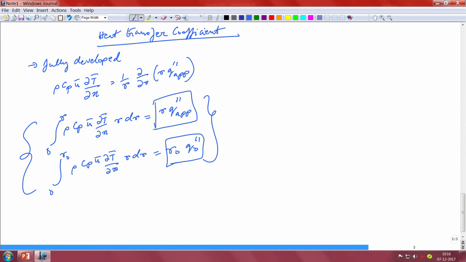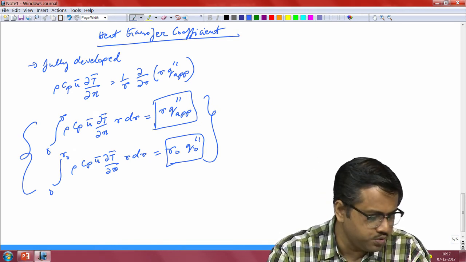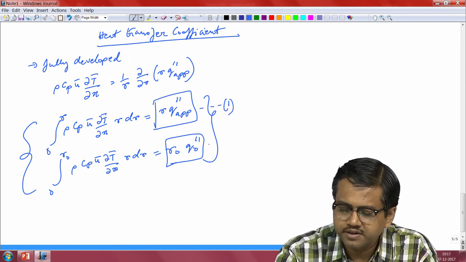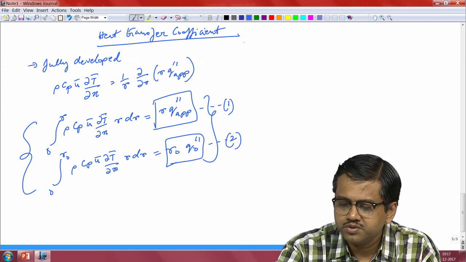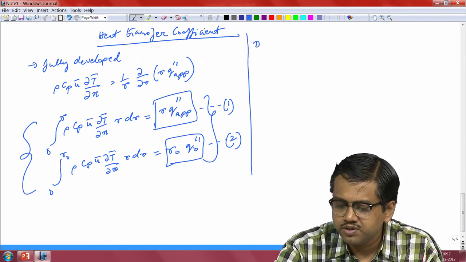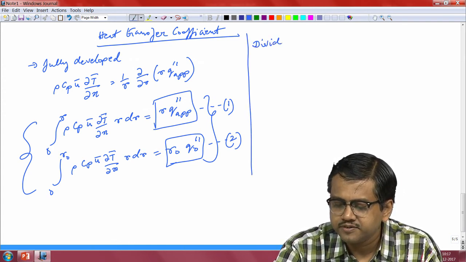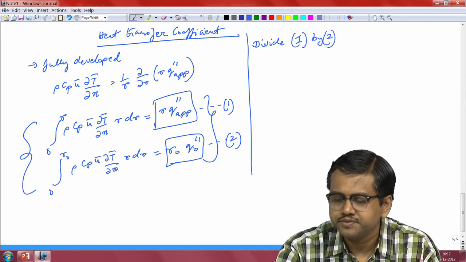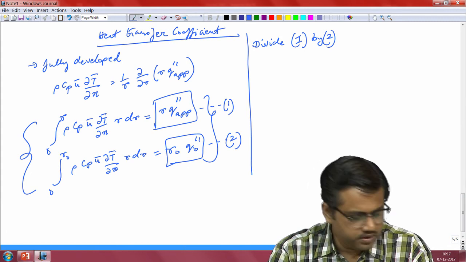So, what we do is take the ratio of these two quantities. Let us call this 1, call this 2. So, we divide 1 by 2. Okay.